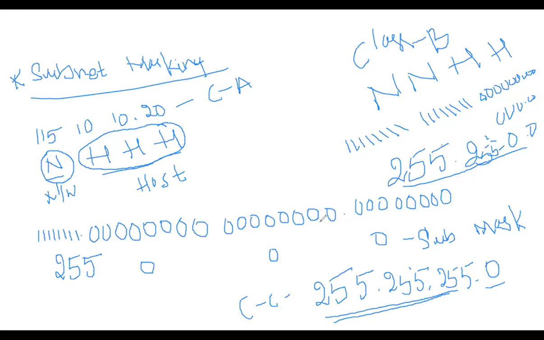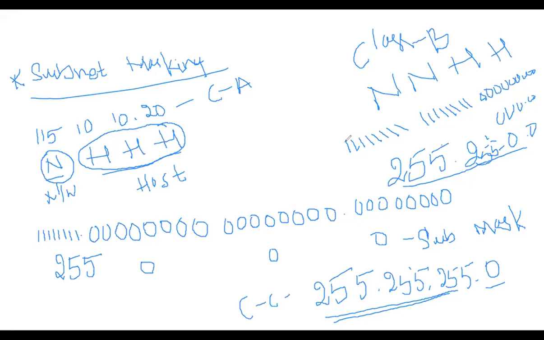Whenever you open any device or computer, you will come to know its IP address, and which IP address belongs to which class. For class A, one octet is reserved for network and the remaining are reserved for host.